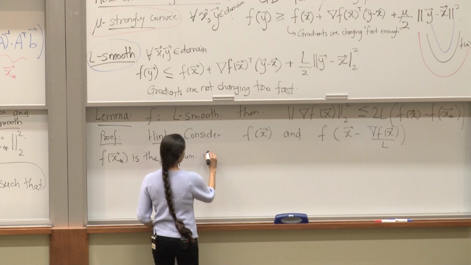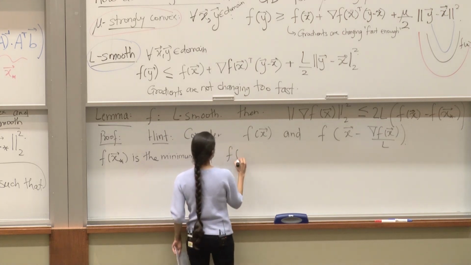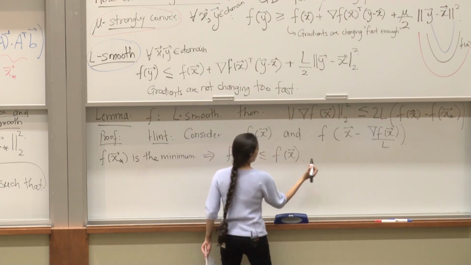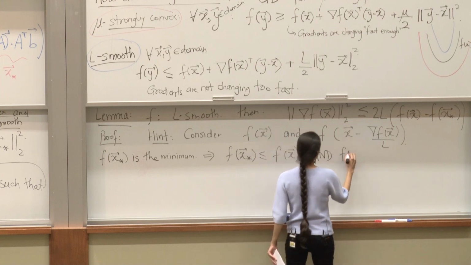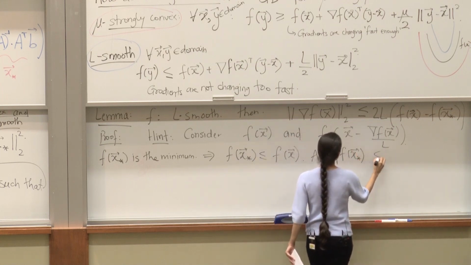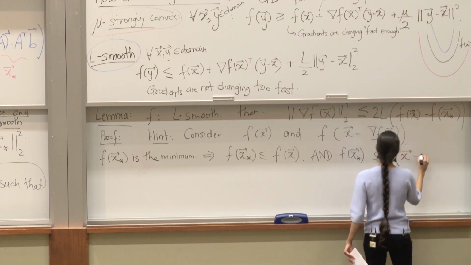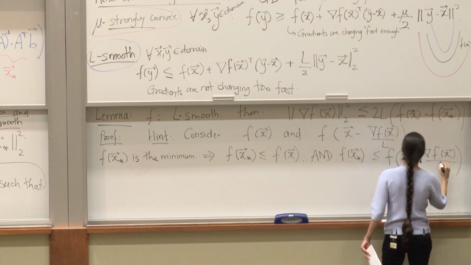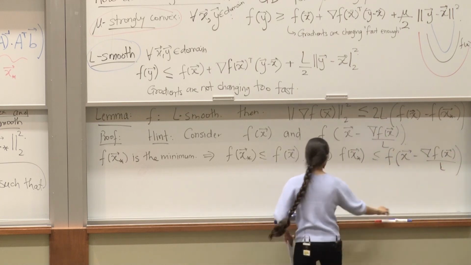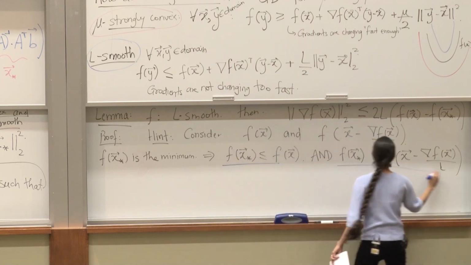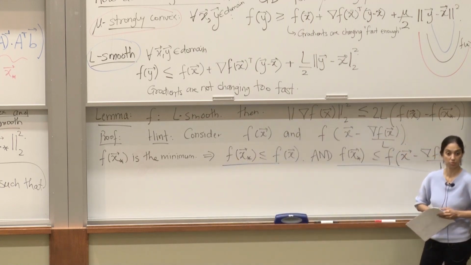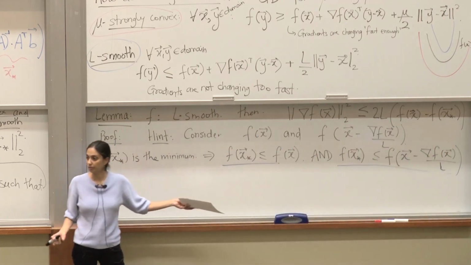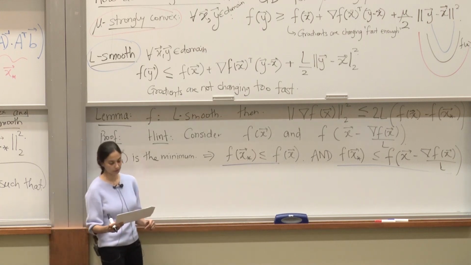So for these two points that we're going to consider, f of x star had better be less than or equal to f of x, and it also had better be less than or equal to f of x minus the gradient divided by L. Both of these are true simply because we've assumed that f of x star is the minimum, so it's the smallest value. If one of these was smaller, then that would be the minimum. So we have both of these inequalities.